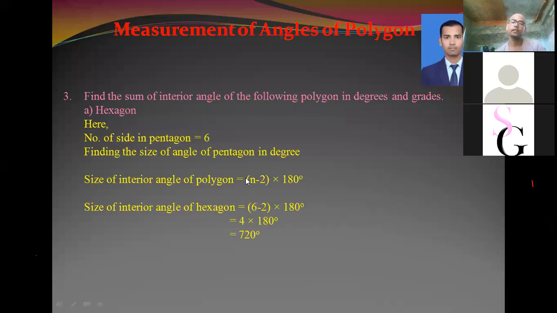The solution is given to you on the screen. Here, the number of sides in a hexagon is equal to 6, as we know, because a hexagon is made up of 6 line segments.